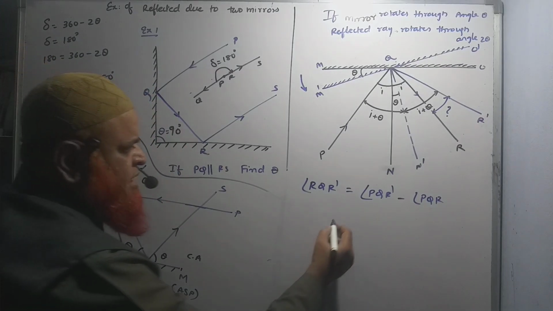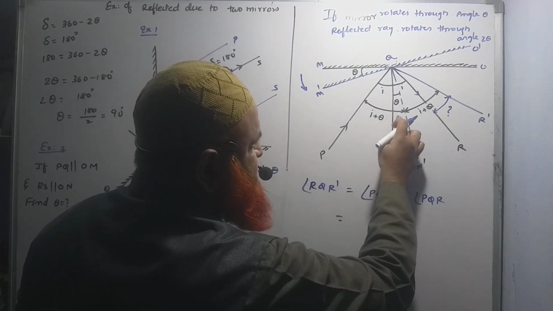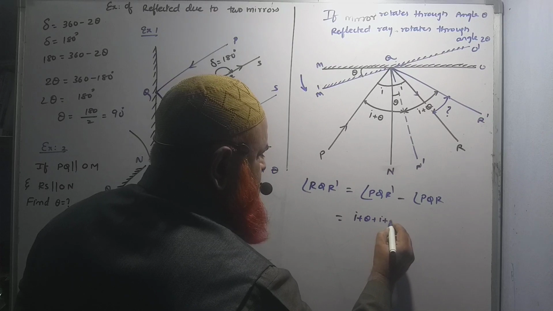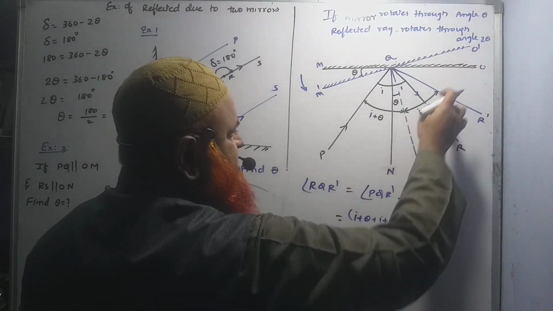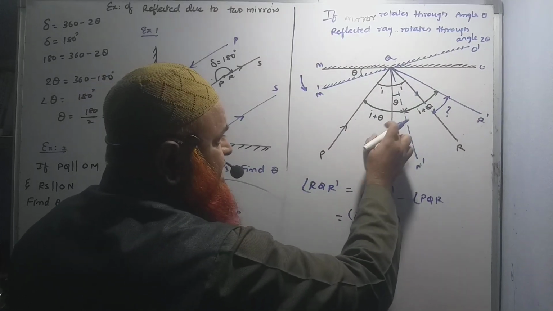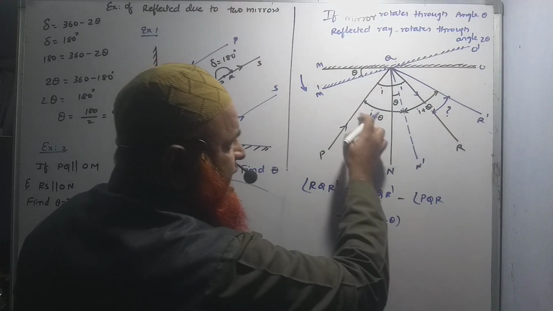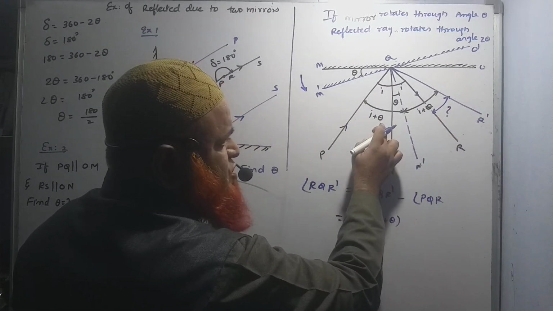It's very simple. PQR dash is nothing but I plus theta, again I plus theta. So I plus theta plus I plus theta, you can write like this. This is the incident angle, and this is the reflected angle. According to the laws of reflection, the angle of incidence is equal to the angle of reflection. Why is this I plus theta?